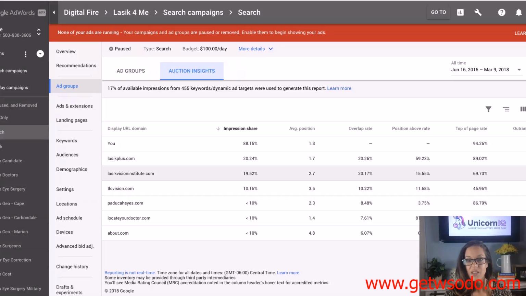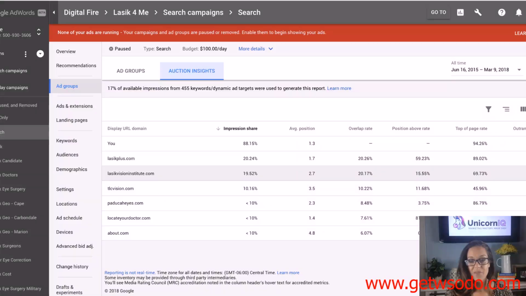Then the next column is average position, and this indicates the actual place that you're showing up in the search engine results pages. If you're in the top spot, that's spot number 1. The second spot is 2, and the third spot is 3, and so on. The reason these have numbers like 1.3, 1.7, and 2.7, and are not whole numbers, is because you have averages.